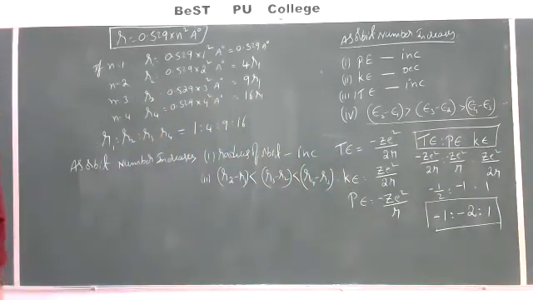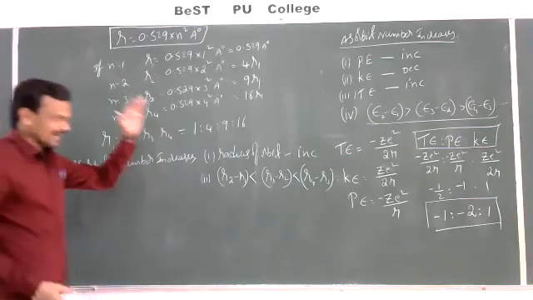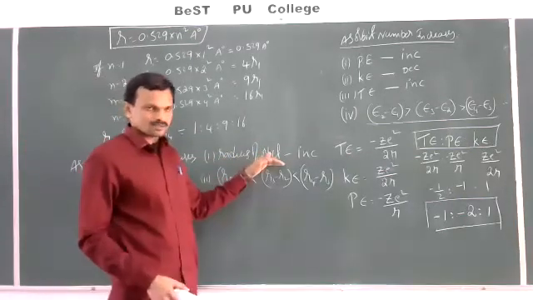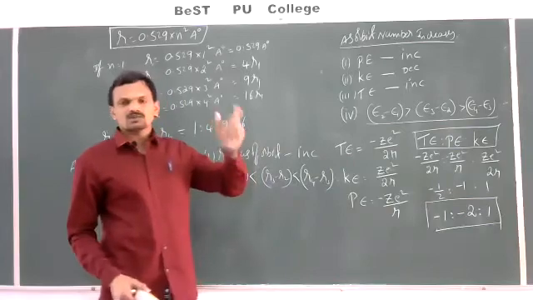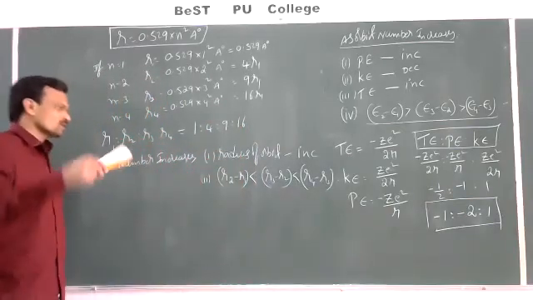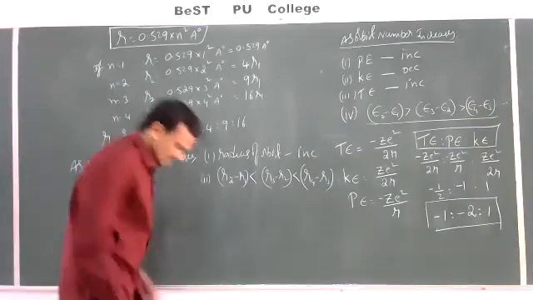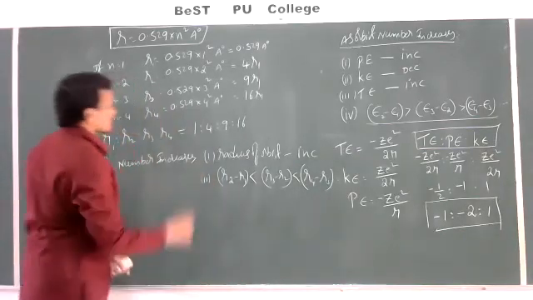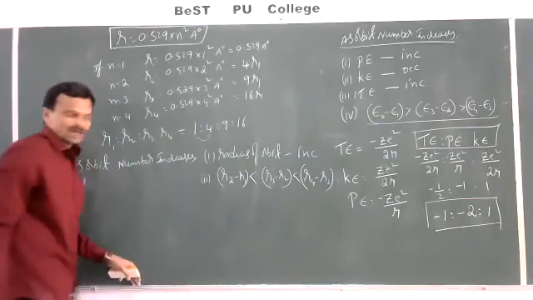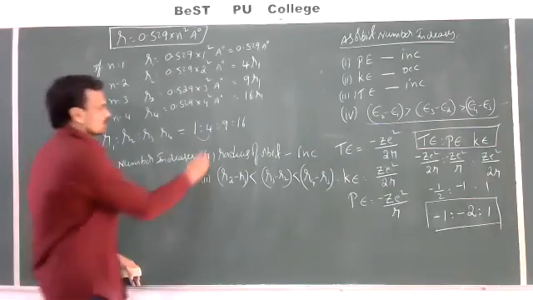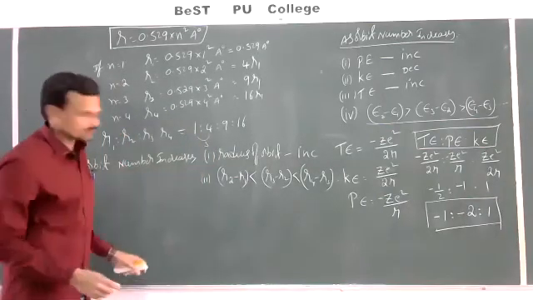As the orbit number increases, the radius of the orbit increases, but the difference between the radii of the two orbits also increases. For example, what is the difference between the first and second? 4 minus 1, which is 3.